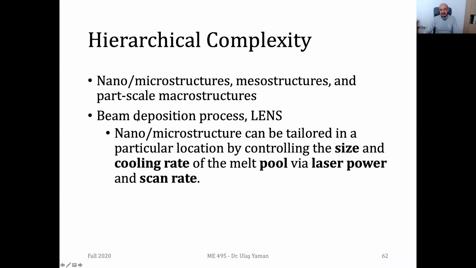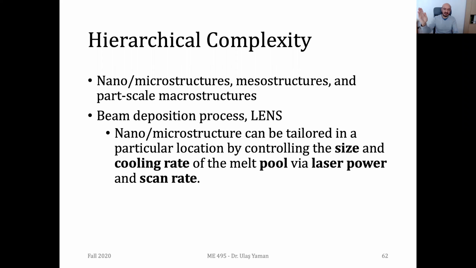And even with a beam deposition process, a special one, the laser engineered net shaping process, you can have different microstructures. These microstructures can be controlled and tailored by adjusting the size of the laser and the cooling rate of your molten pool. If you decrease the moving speed of your laser, your cooling rate is low.